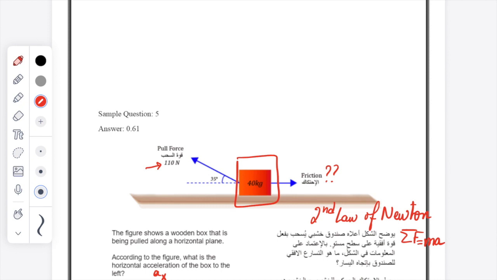So to figure out the acceleration along the x-axis, or along the motion, we will be applying Newton's second law that says that the net force equals ma, or in other words, a equals the net force along the direction of motion divided by the mass.